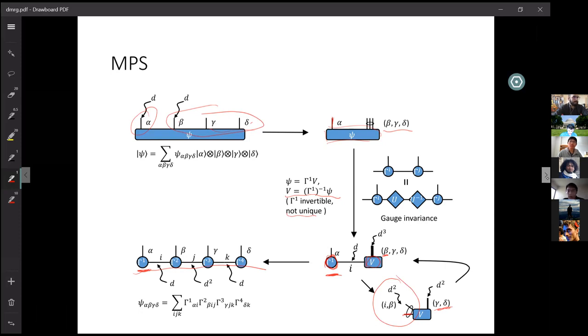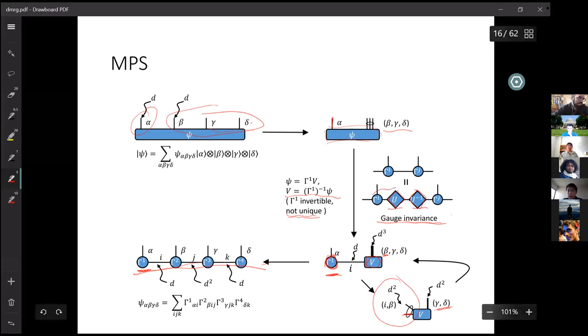I also want to mention that the non-uniqueness of this choice of gamma 1 matrix is actually related to the gauge invariance of the matrix product state. So this form is called the matrix product state. The matrix product state has this gauge invariance because we can always insert a pair of tensors in the middle of any bond that are inverse to one another.